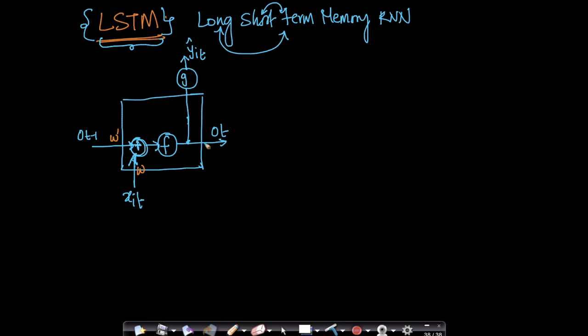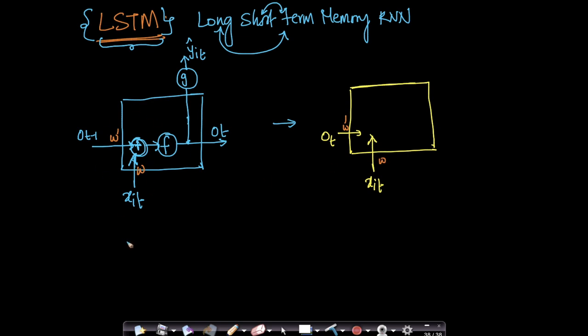So this is the structure that we have seen. This is one possibility, but there is a slightly modified version that I want to walk you through. Let me draw the modified version first. I have my X_it here and I have my O_t here, and my two weights, W' and W. Let's write the equations here.